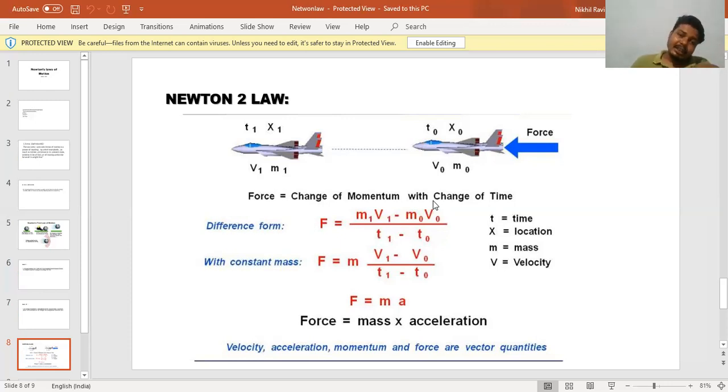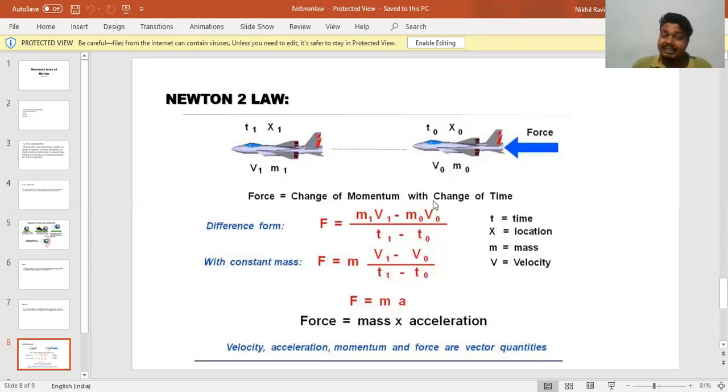Then on the screen there is V1, M1, T1 and X1, the later time, location, mass and velocity. After that we find the difference: F equals M1 V1 minus M0 V0 divided by T1 minus T0.